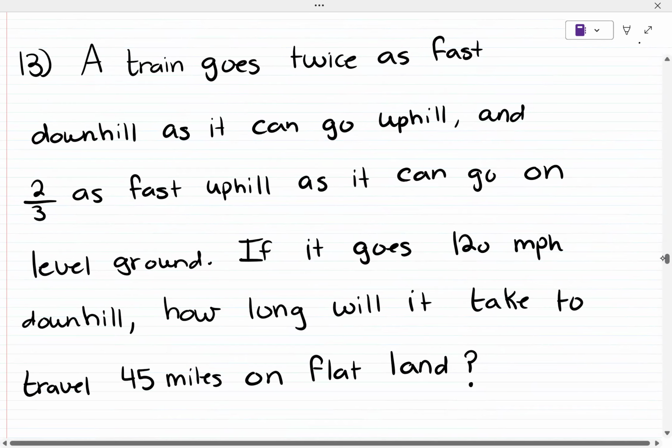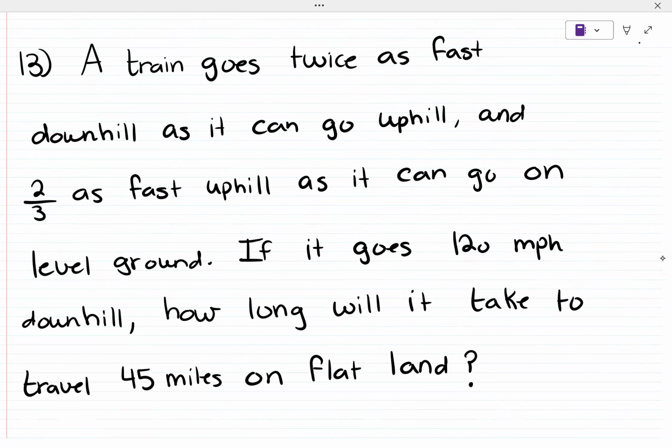Okay, this one, 13. Yeah, 13 is very similar to the one going downstream, downstream calm water. So you know you're going to use the formula distance equals rate times time.